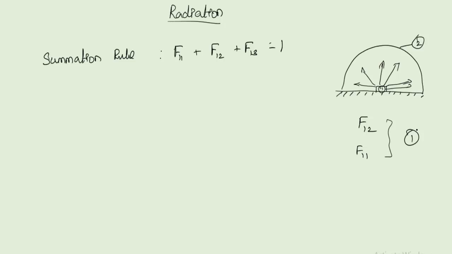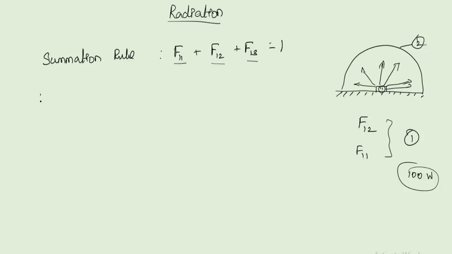If the object 1 releases 100 watts of energy, 80 watts of energy is received by the surface number 2 and 20 watts of energy is received by surface number 1 itself. So the total radiation becomes 100 watts. Similarly, F11 plus F12 becomes 1. Like that, if you consider three surfaces, then F11 plus F12 plus F13 becomes 1.